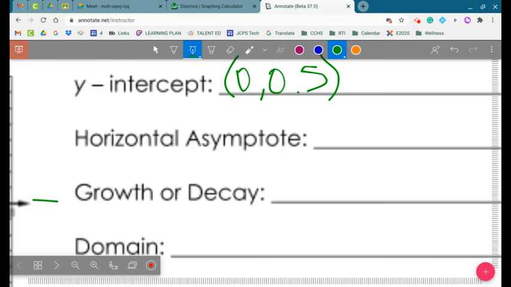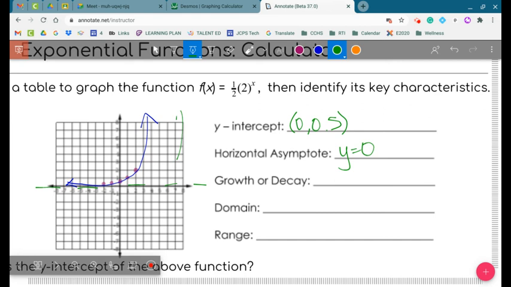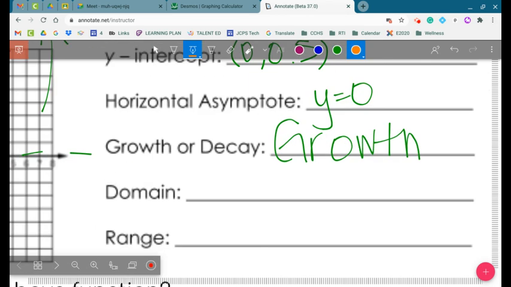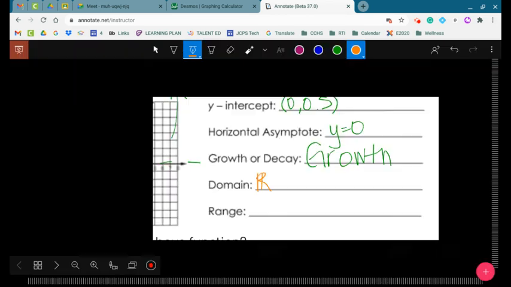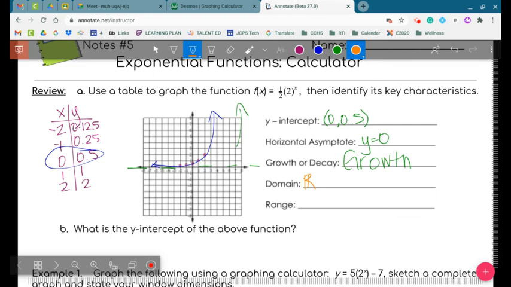So that would be y equals 0. This one is going up, so it is growth. If you guys remember, our domain is always going to be all real numbers. And then our range, it's at y is 0 and going up, so it's going to be y is greater than 0.